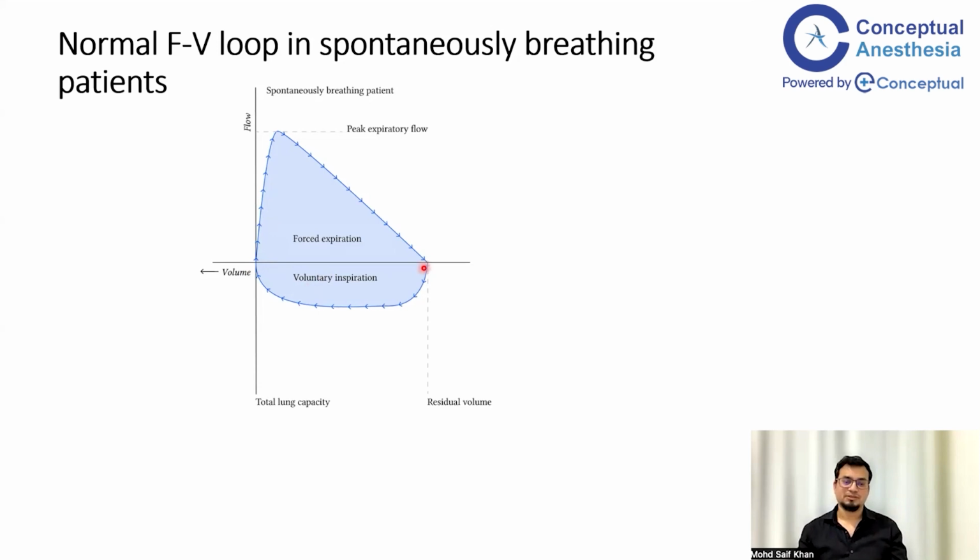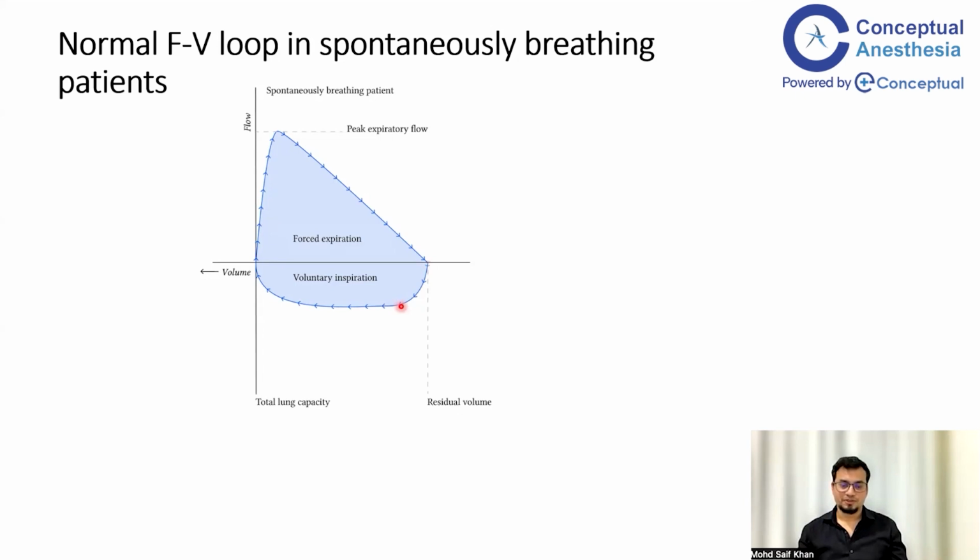Just remember this. Now, from this point onwards, you inspire. This is the point where you start the inspiration without wasting any time, and it will be slow at first, and then it will reach the maximum, and then there will be a kind of plateau. Here it will reach the maximum inspiratory flow. At this point is your maximum flow rate on the negative side.